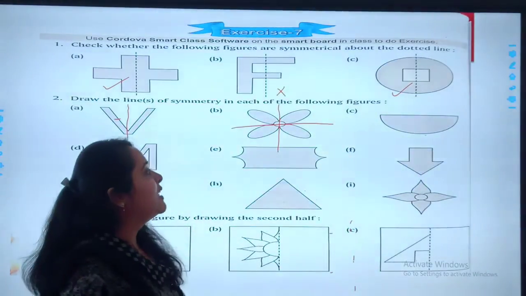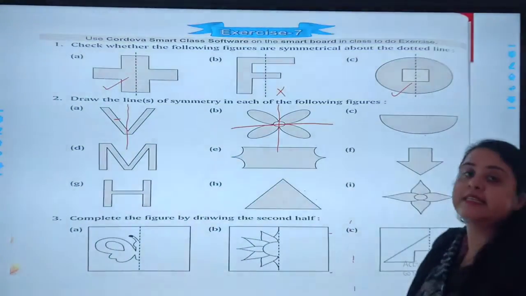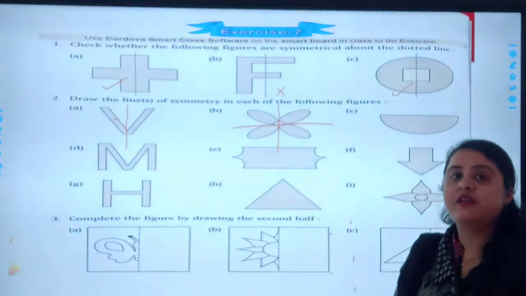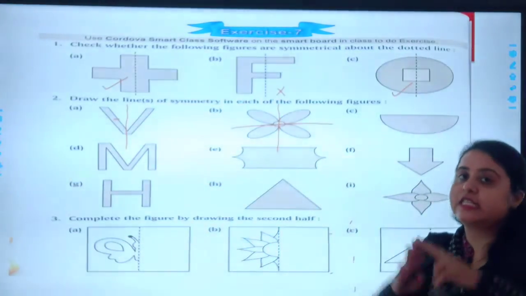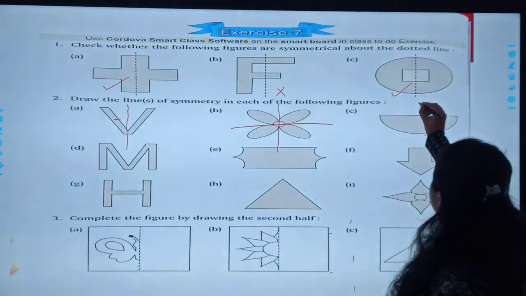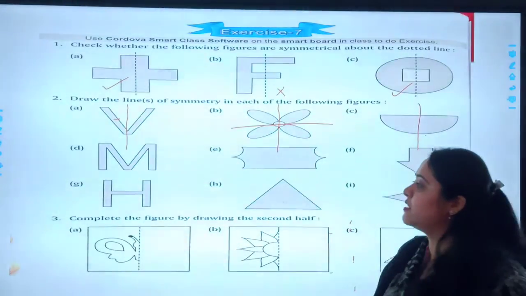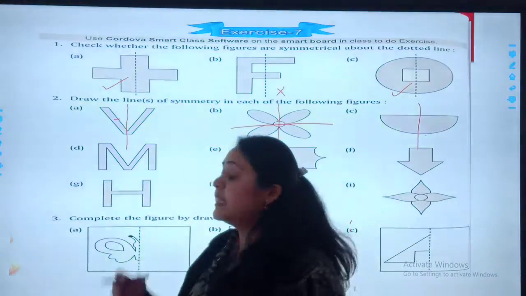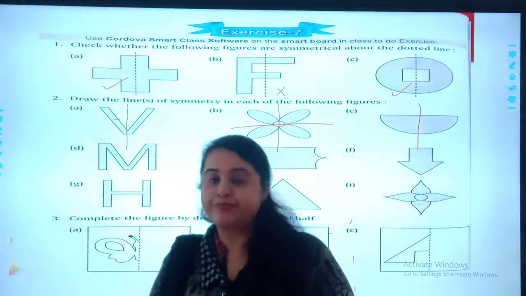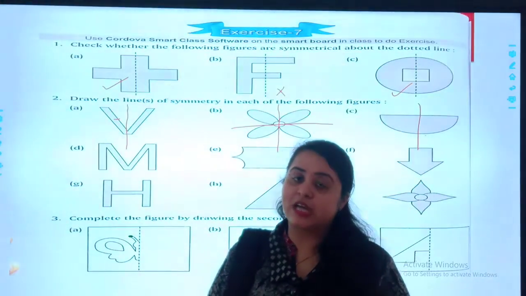Okay students, let's move to figure number 3. It is a half circle. So अब मैं इसका distribution कैसे करूँगी? I have to divide this in 2 parts. This will be the line of symmetry. Okay students, let's move to D. D के अंदर है हमारा अल्फाबेट M. So now अब मुझे इस M को इक्वली डिस्ट्रीब्यूट करना है.